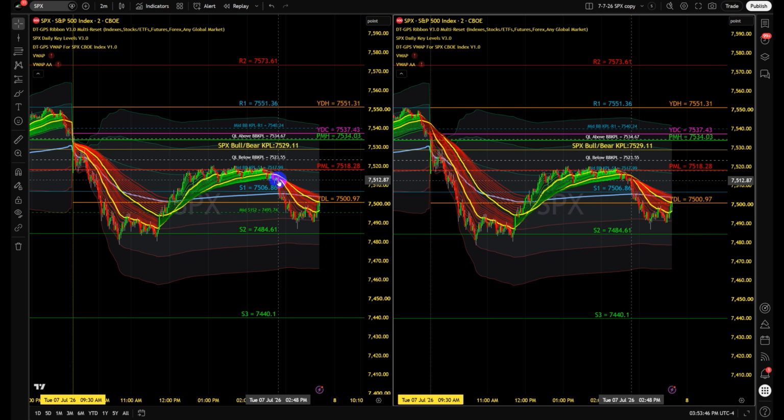That video also goes into much more detail about the indicators, all the different key levels, how the indicators work, and some other aspects about the indicators, which we are not going to go into in today's session. Especially the SPX daily key levels indicator, it's packed with a lot of different features, which we haven't gone into at all in today's video.